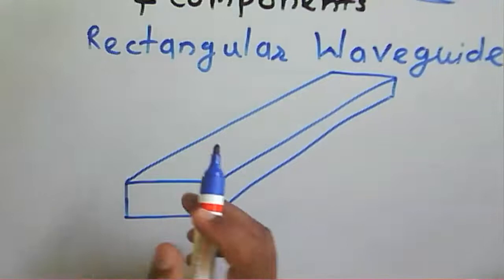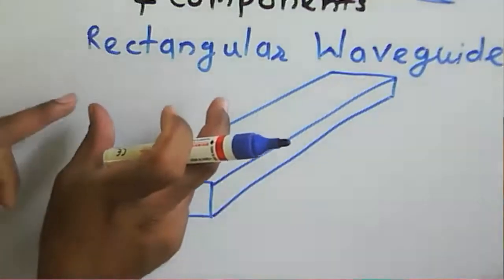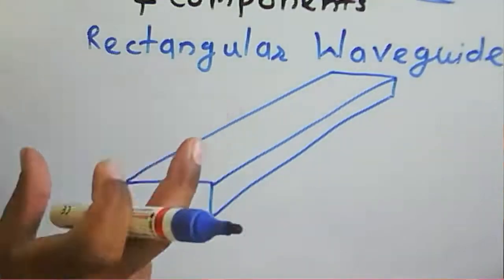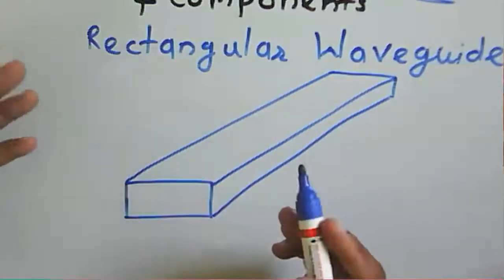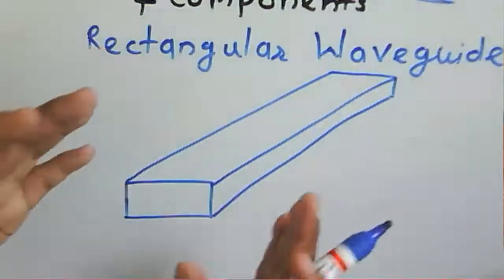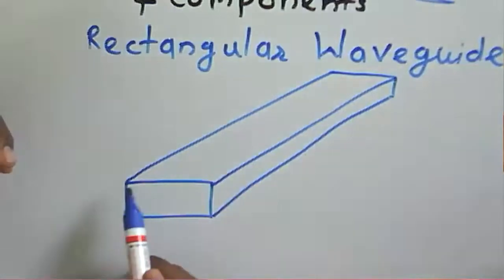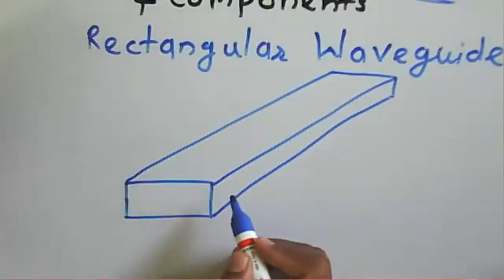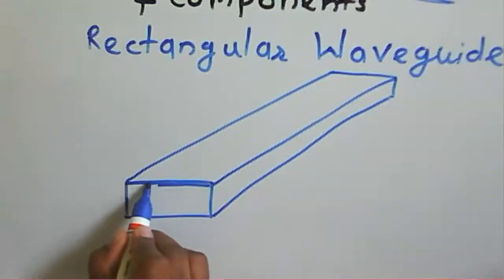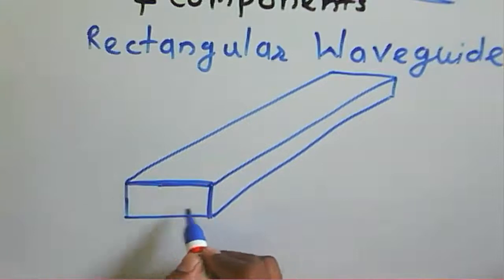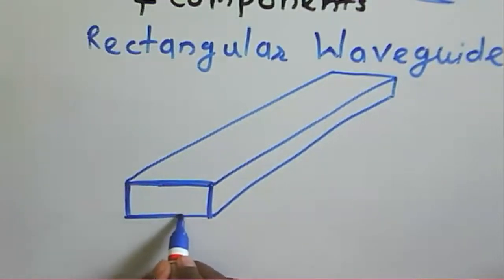So that's why we say that this rectangular waveguide is nothing but a hollow metallic tube with a rectangular cross section. And if you see internally, the walls of this rectangular waveguide are conducting walls.